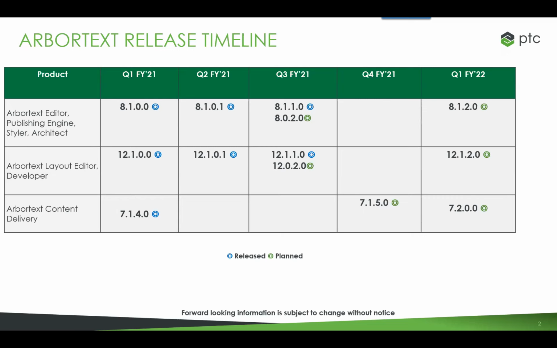And in the same time frame, we also had Arbortext content delivery 7.1.4. Then earlier this year, we had 8.1.0.1, 12.1.0.1, which were just minor updates. And then this past April was our maintenance releases, 8.1.1.0 and 12.1.1.0.